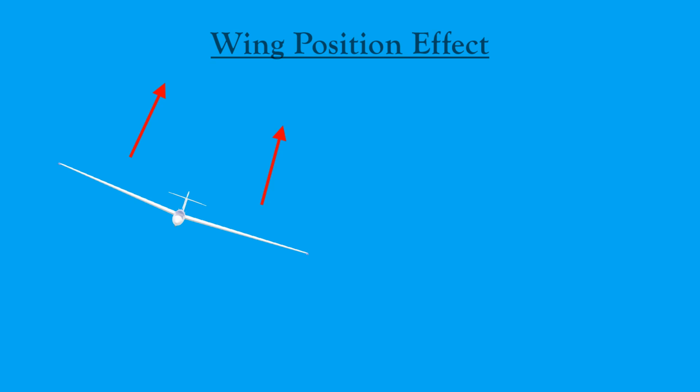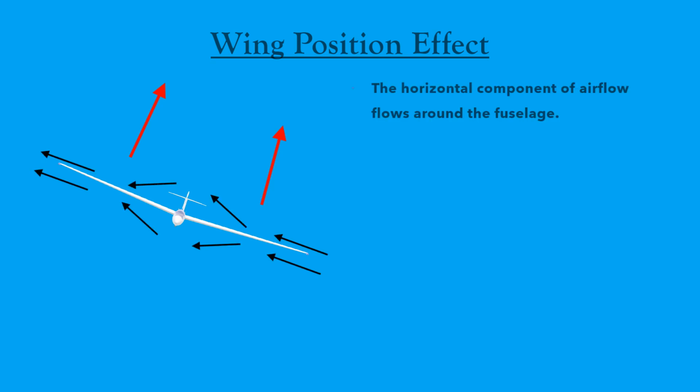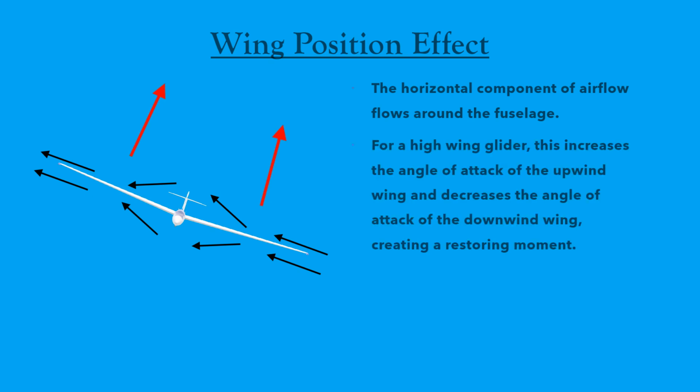Next, let's consider the wing position effect. As the air flows laterally across the glider, it needs to flow around the fuselage. For a high wing glider like a Schweizer 233, this flow of air around the fuselage causes the air flowing around the inboard portion of the upwind wing to be slightly upward flowing and downward flowing on the downwind side of the wing.